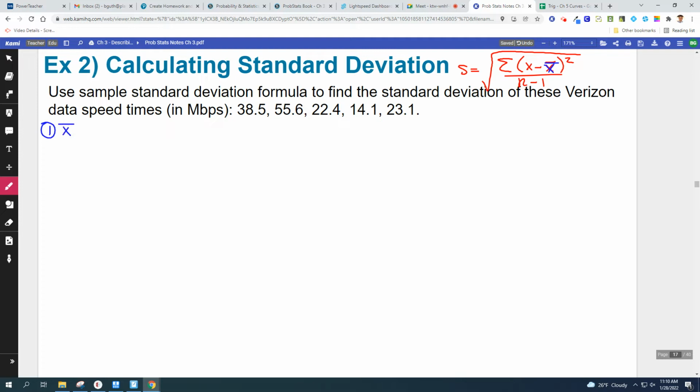The mean is just add up the numbers and divide by the number of numbers. So we're going to add 38.5 plus 55.6 plus 22.4 plus 14.1 plus 23.1, and divide by 5.